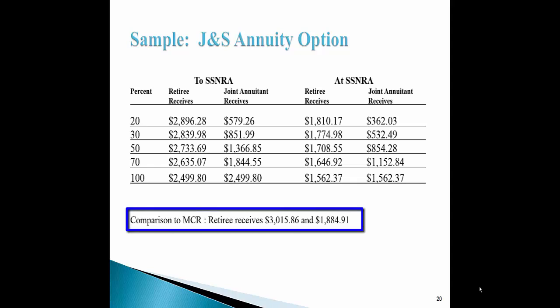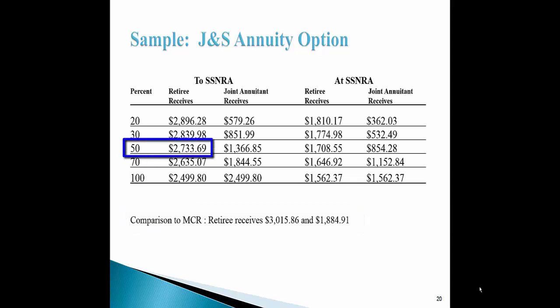Compared to the MCR option, where the retiree would receive $3,015.86 and a reduced amount of $1,884.91, if the retiree elected the 50% J&S option, they would receive $2,733.69 until age 67, and then the benefit would reduce to $1,708.55.